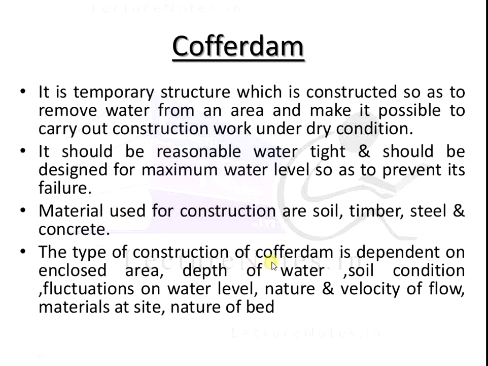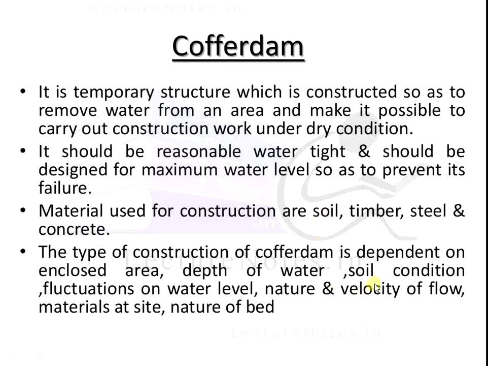The type of construction of a coffer dam depends on the enclosed area, depth of water, soil condition, fluctuation in water level, nature and velocity of flow, materials at site, and nature of bed. It depends on the enclosed area, that is the site or location of the coffer dam. Next, depth of the water, whether shallow or deep.